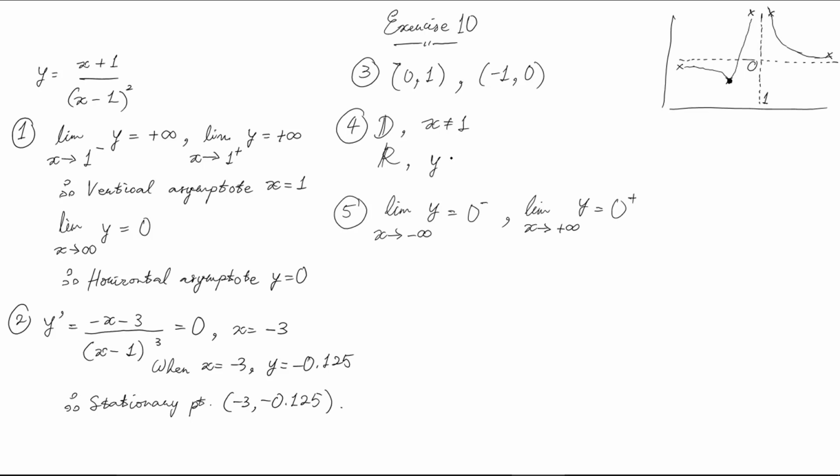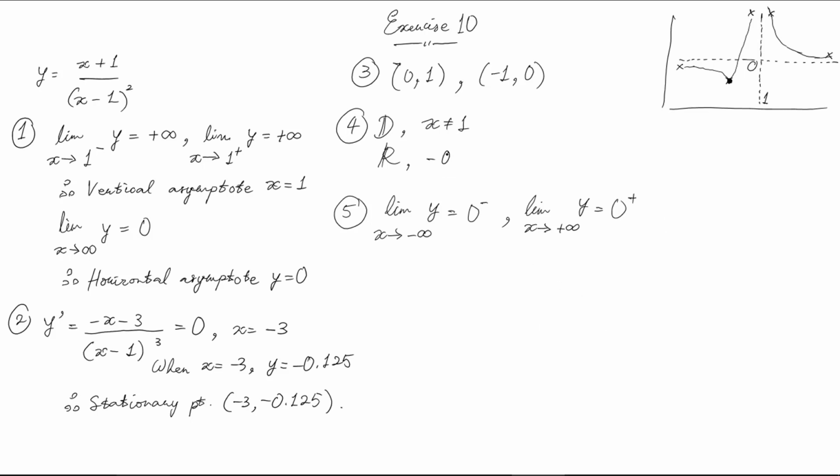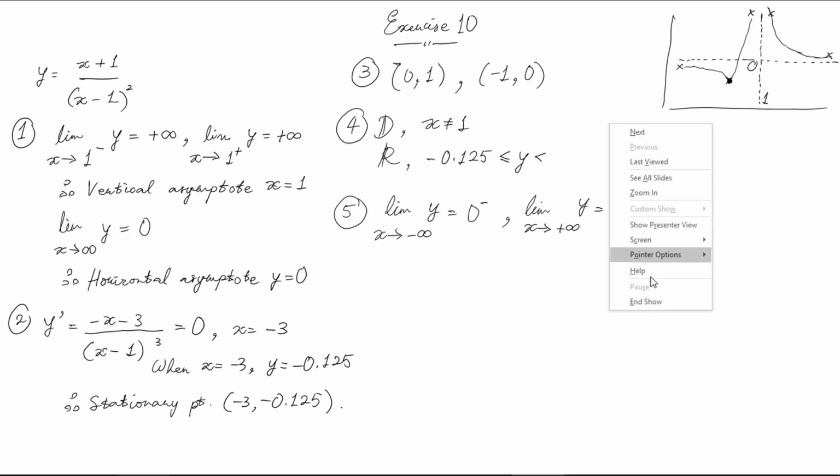So you can write y is from negative 0.125 inclusive, y, and okay, so I think I wrote it wrongly.